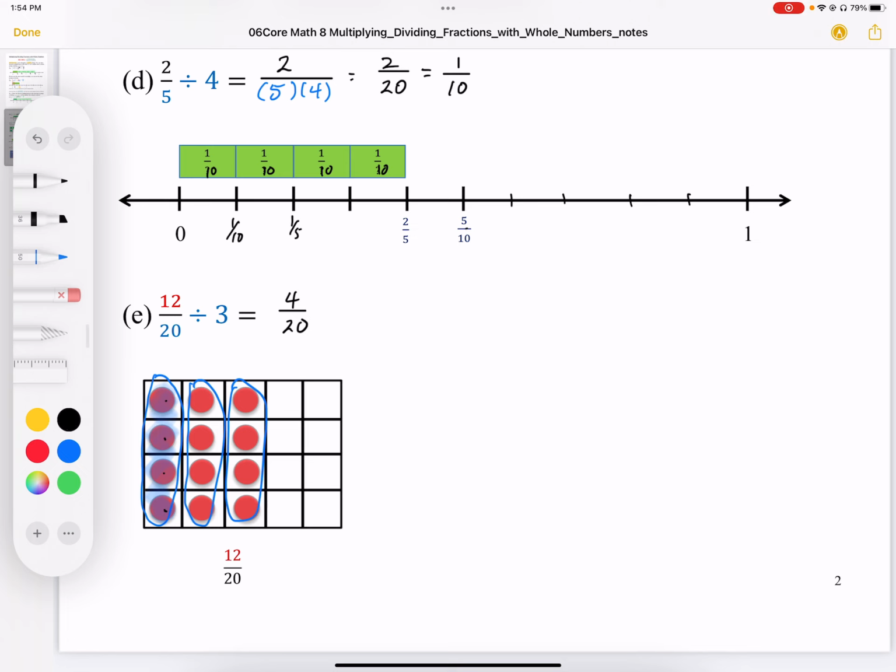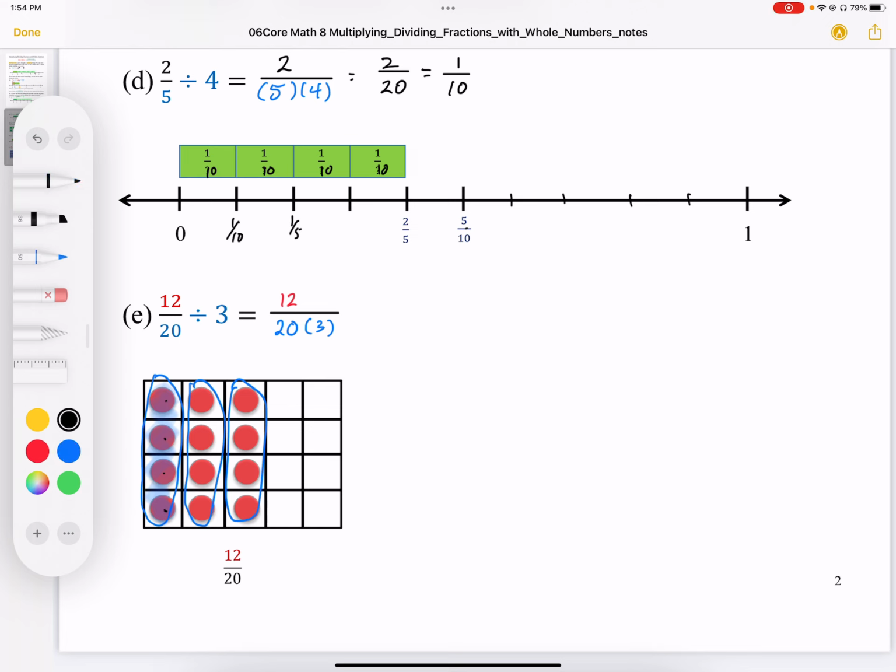Now, does this work with our times on top, divide on bottom strategy? Let's check. Okay, so I'm going to do my times on top. Well, I have my original 12 on top. I have my original 20 on bottom. The divide by 3 should go on the bottom only because it's a divide. Times on top, divide on bottom.